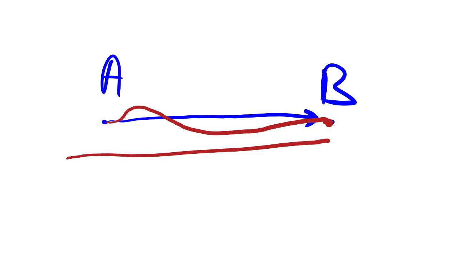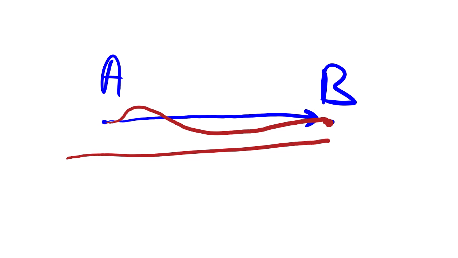I mean, when you stretch it, it will be longer than the actual distance between these 2 points. So this in red is the distance now, and the distance is higher than the displacement.